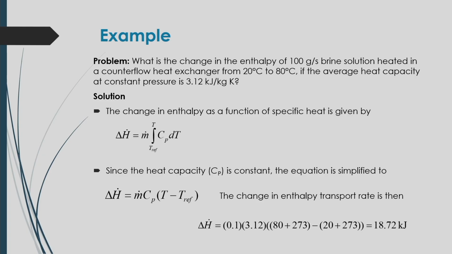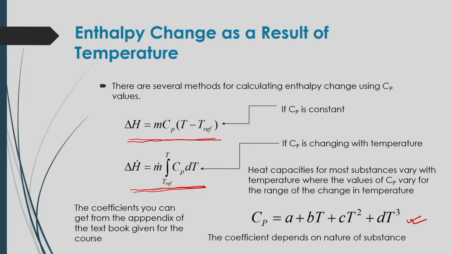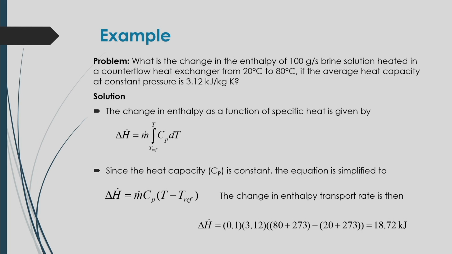Otherwise, you have to use the functionality of specific heat capacity, which is given earlier as Cp equals A plus Bt plus Ct squared plus Dt cubed. After substituting that Cp value within the temperature range of 20 degrees Celsius to 80 degrees Celsius, you get an enthalpy change at a rate of 18.72 kilojoule per second.